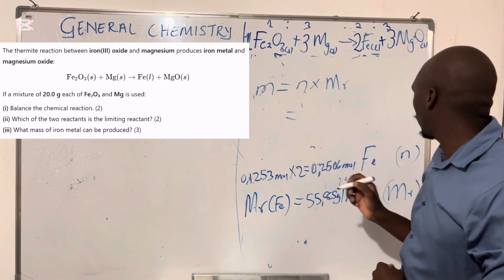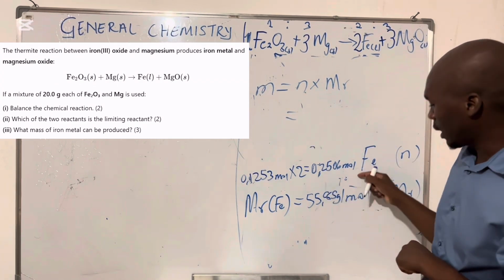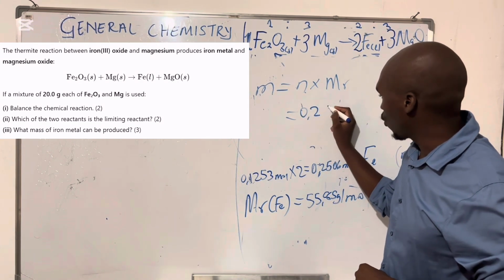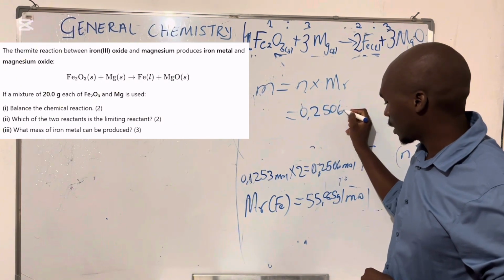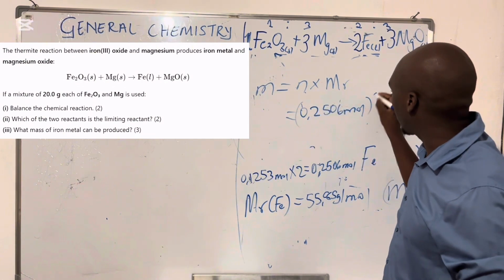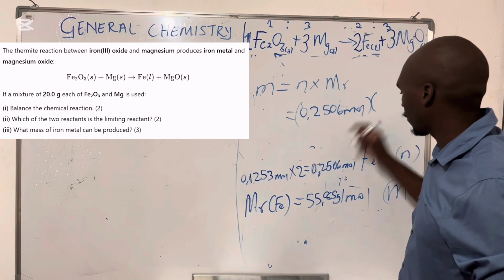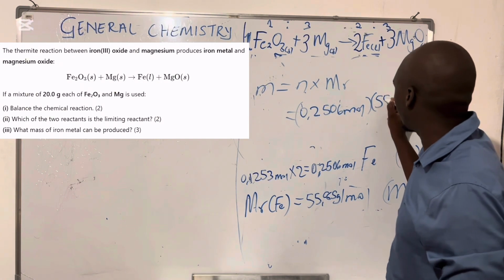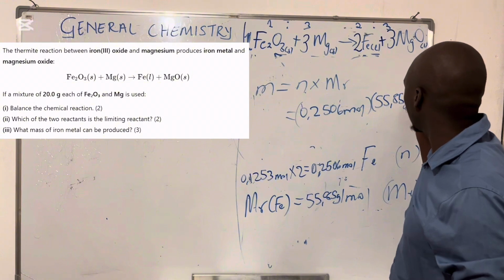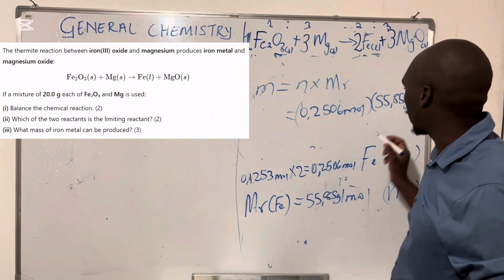So what is the number of mole? Number of mole, we calculated it, right? It's 0,2506 mole multiplied by the molar mass, which is 55,85 gram per mole, right?